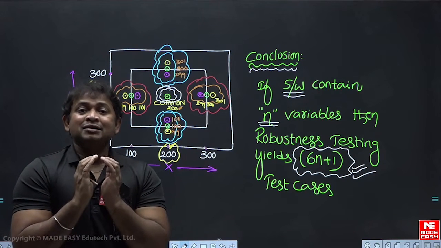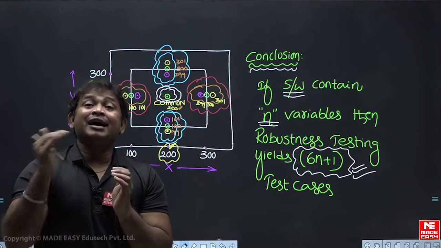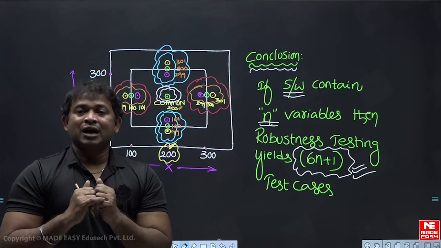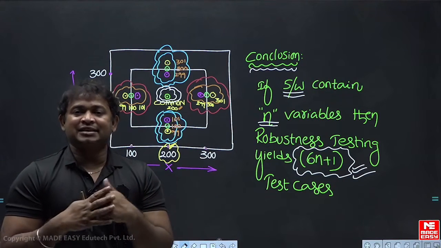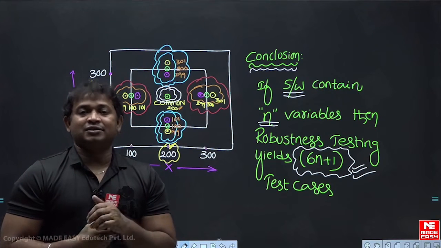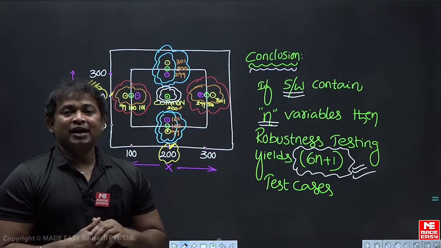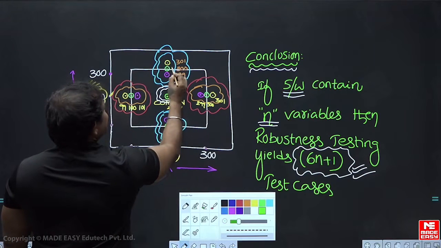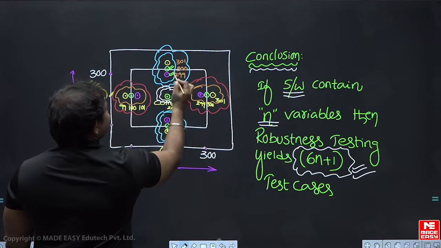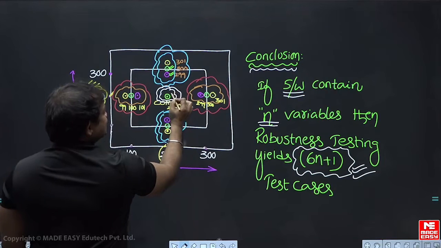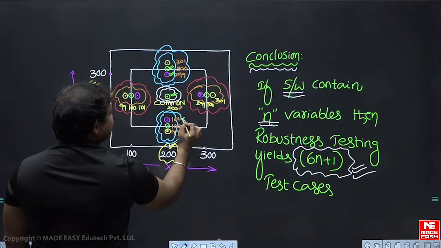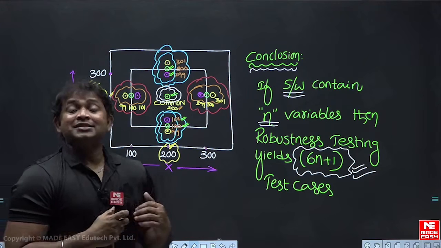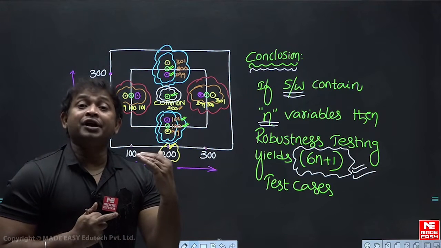But the problem is, if invalid data is given, invalid data meaning just above and just below the upper and lower limits, how the system functions is important. Here, 300 is valid and 299 is valid. These are valid inputs. The center is valid, 101 is valid, and 100 is also valid. We are just checking whether the system is functioning properly at the boundary or not.